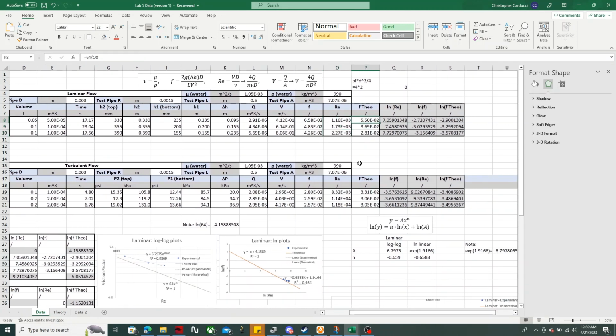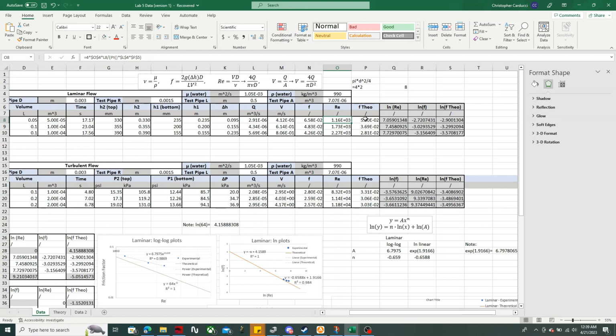Okay. So your theoretical friction factor is simply 64 divided by the Reynolds number. I'm going to show you later how to data process this, but essentially you need to have a column here that is just 64 divided by the Reynolds number.